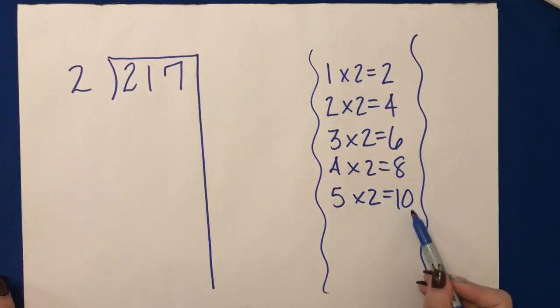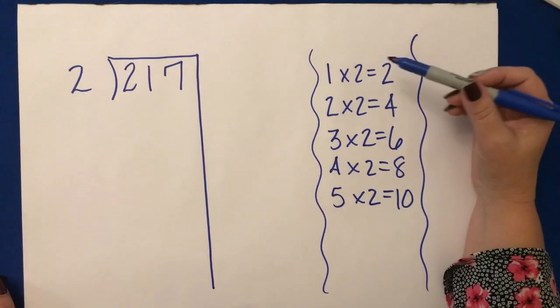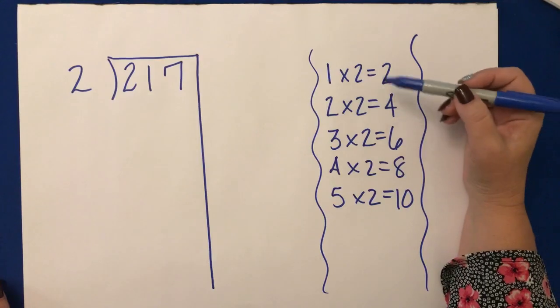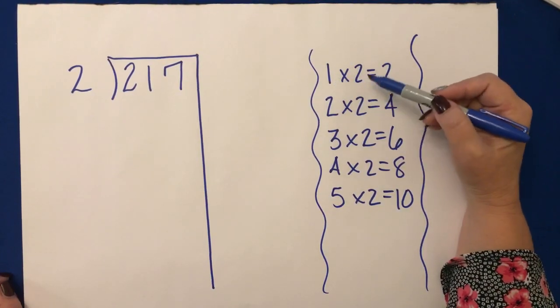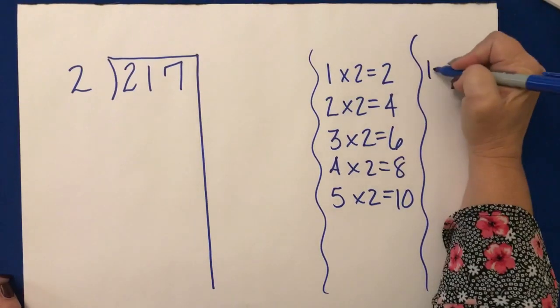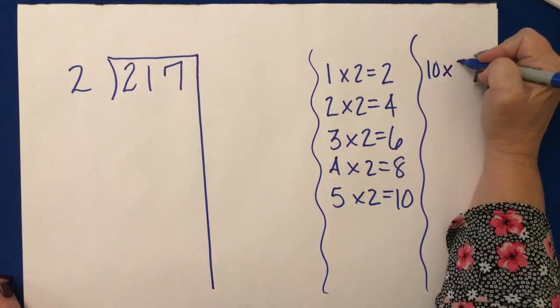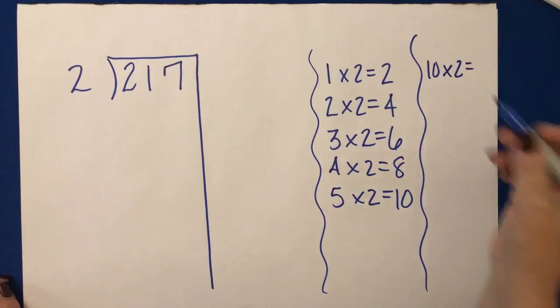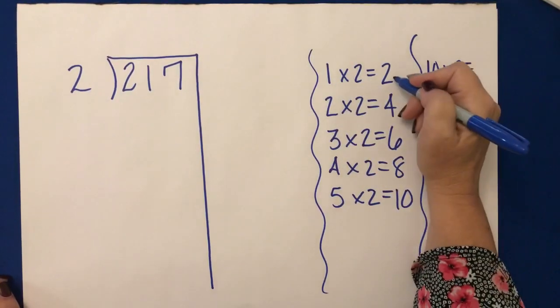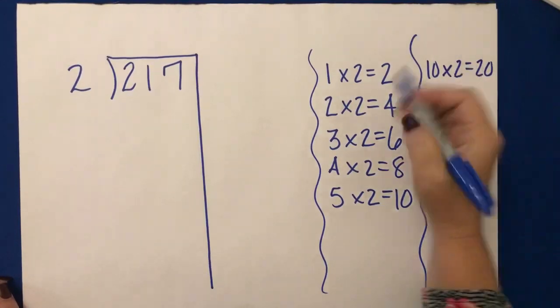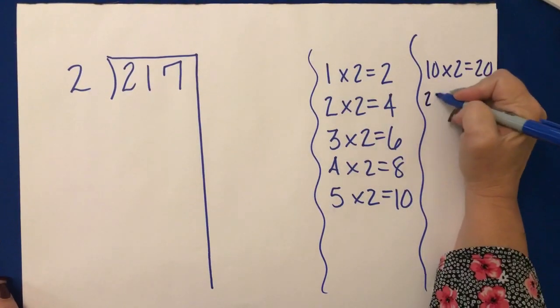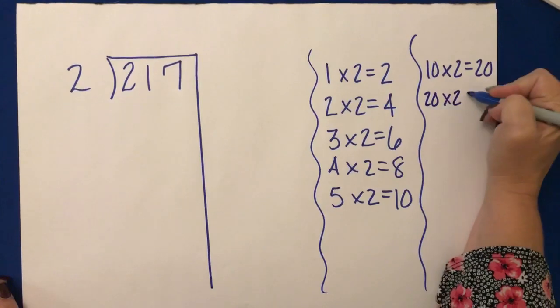Well, 10 isn't very big. So what we can do now is use what we know about multiplying by zeros. If one group of 2 equals 2, then how much would 10 groups of 2 be? All we're doing is adding a 0, so we just add a 0 to the answer. So instead of 2, we're going to do 20 groups of 2.